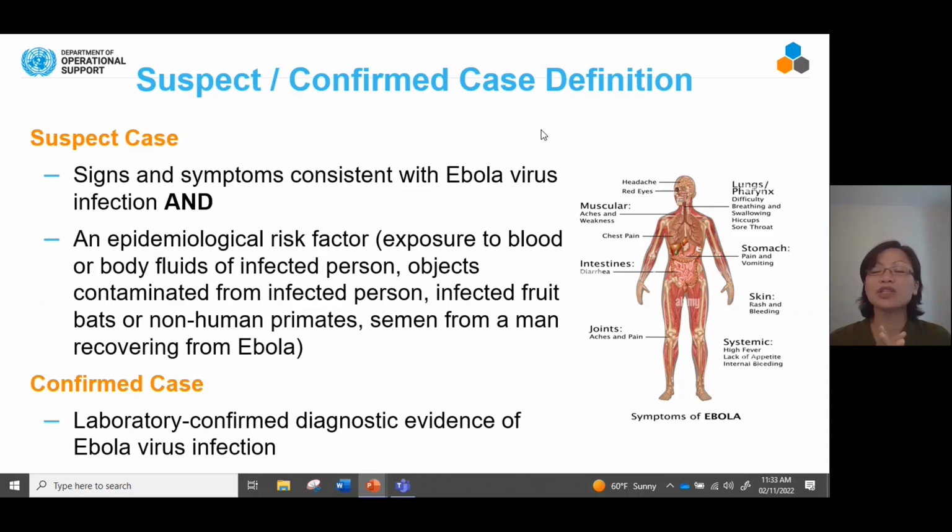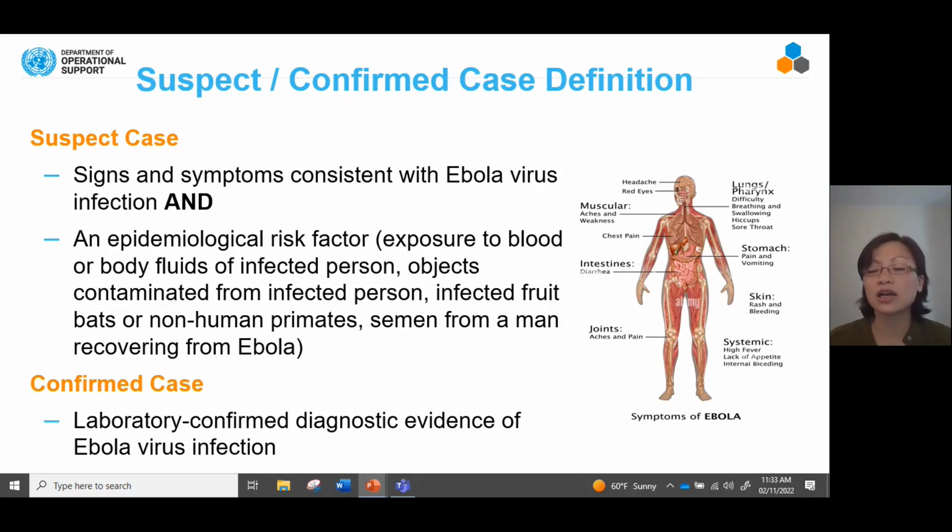In terms of case definition, when do you think you might have a suspect case? Basically, if you see these signs and symptoms that I talked about, and you also have some kind of risk factor where the person was exposed to the blood or body fluids of the infected person, or they were exposed to fluids from an animal, for example, that was infected.